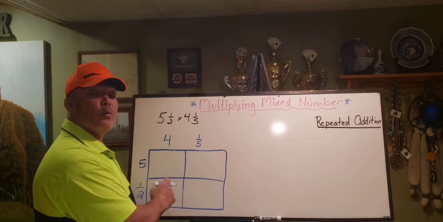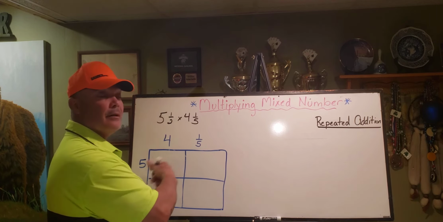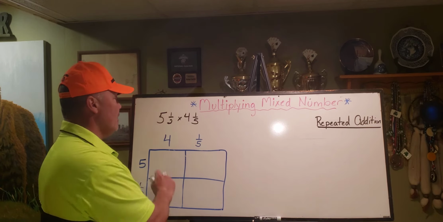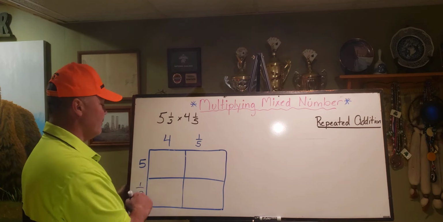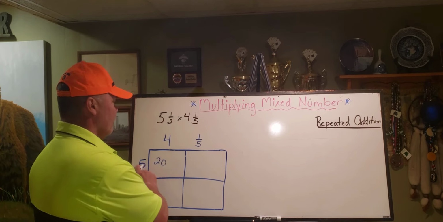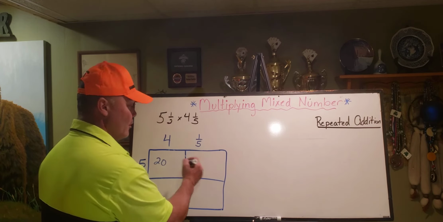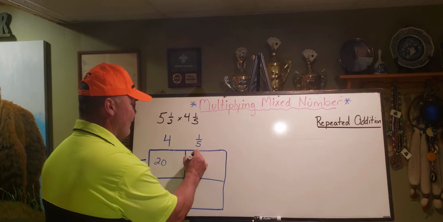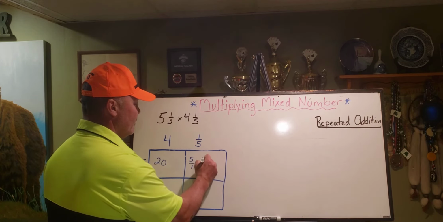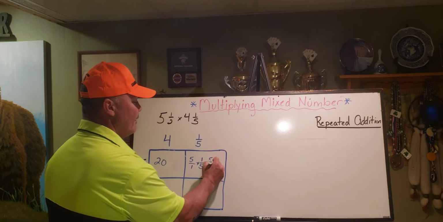But because we know the commutative property of multiplication means the order in which they're multiplied doesn't change our product. So, again, my whole numbers. 5 times 4. Basic fact, 20. 5 times 1/5. So 2 ways we can do it: 5 over 1 times 1/5, and that's going to equal 5/5.